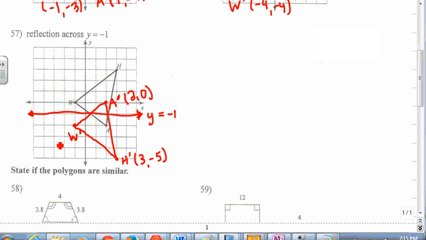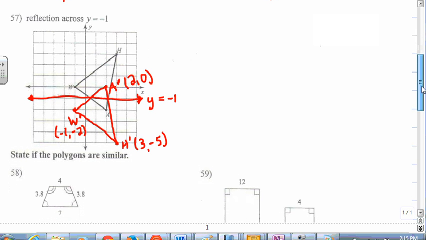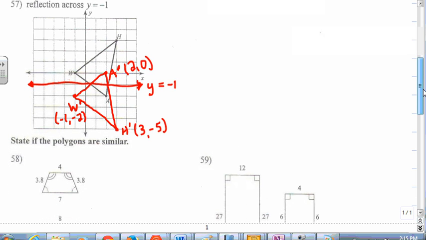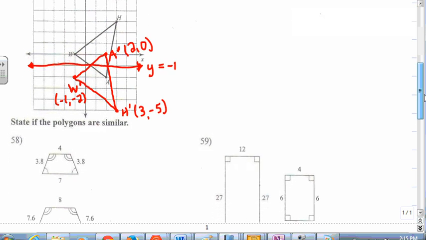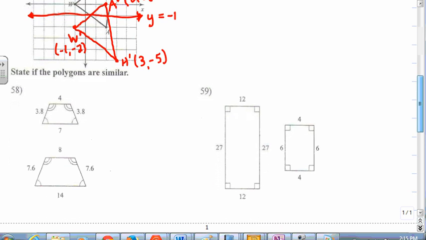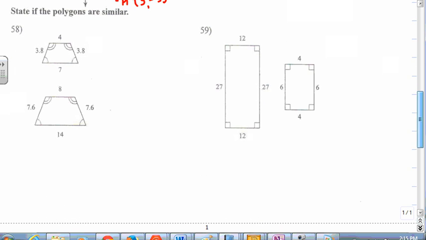And lastly, our location of W prime is -1, -2. So be careful what the problem asks you. It may ask you not only to do the transformation, but then to label the coordinates or identify the coordinates.